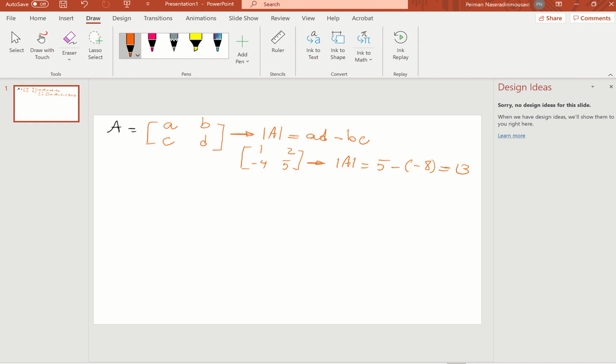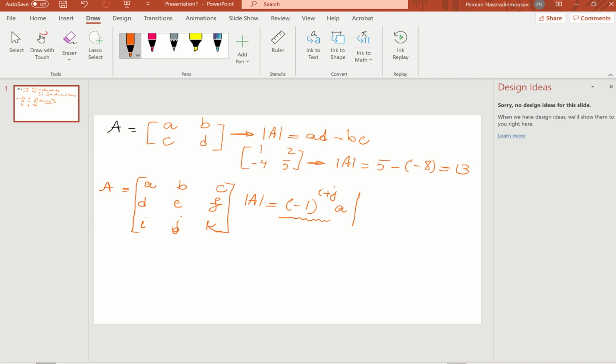Now if we have a 3 by 3 matrix with entries a, b, c, d, e, f, i, j, and k, the determinant of this matrix is going to be a times the cofactor, which you remember as cofactor.